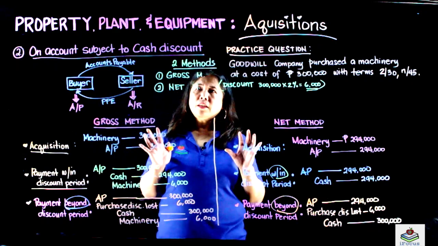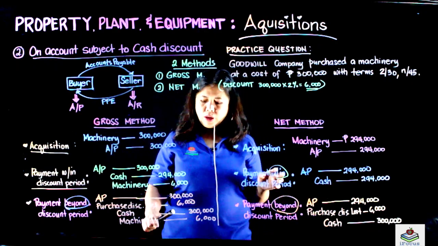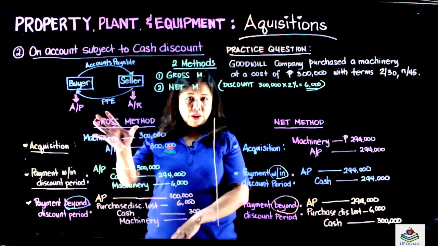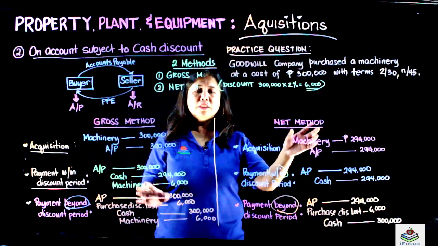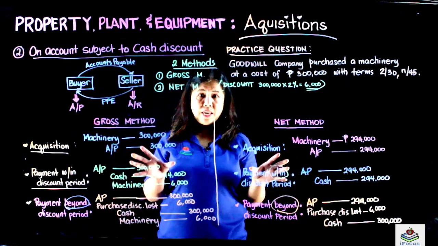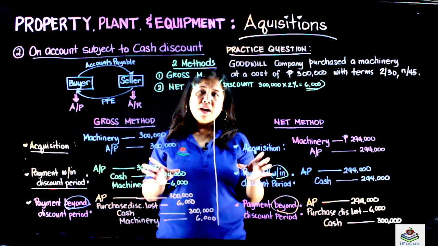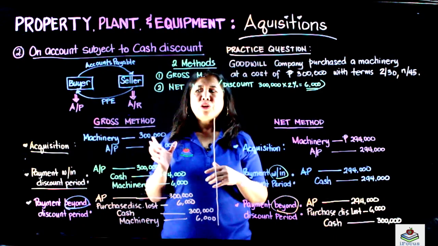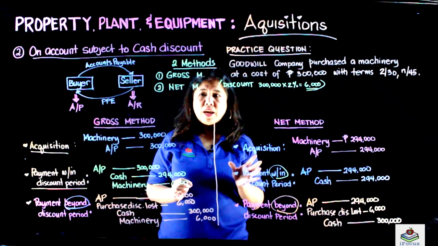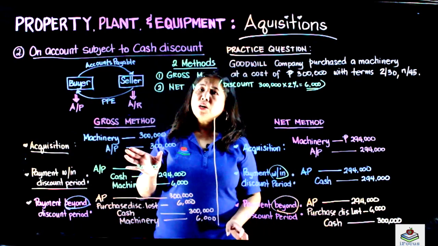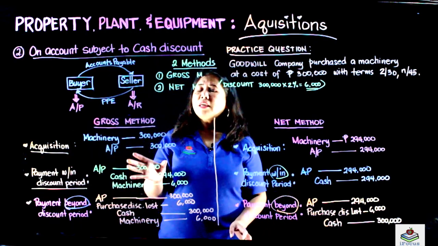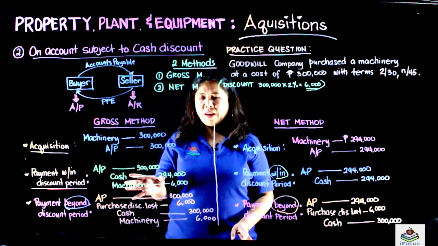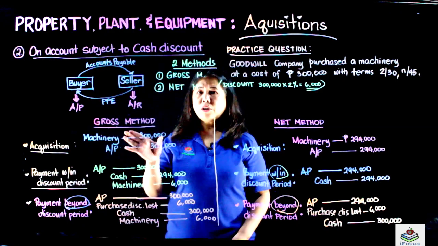So kung titingnan natin dito, whether we use the gross method or the net method, the end result will be the same. Magiging parehas lang ang amount ng machinery natin whether we use the gross method or the net method. So kung titingnan mo dito sa gross method, 294,000 pa rin ang cost of the asset or yung machinery.